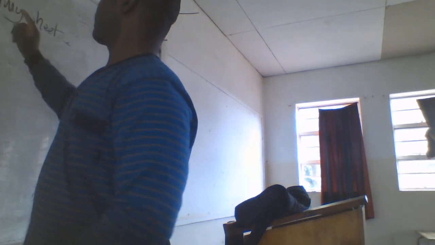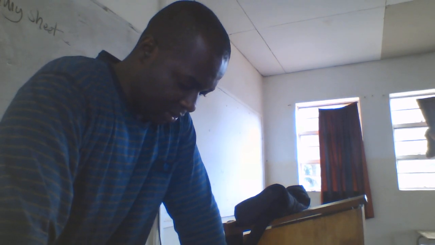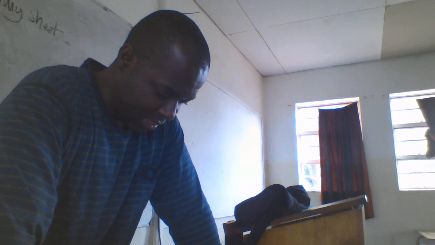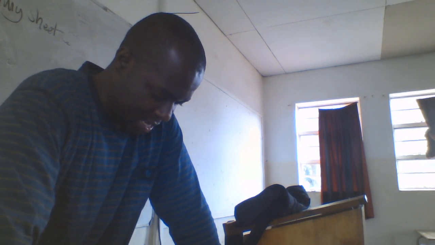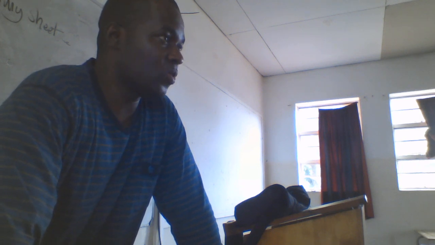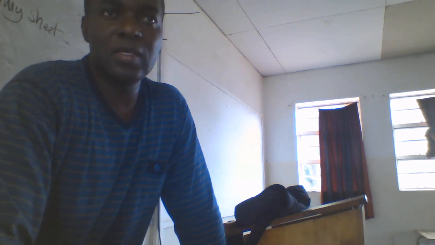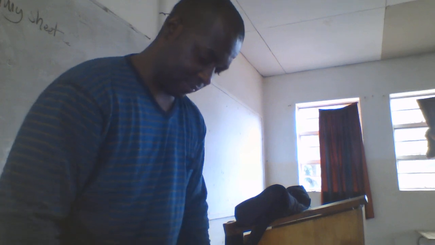Now there's this thing called the dummy sheet. So I want to talk about the dummy sheet. We say that prior to publication, newspapers are designed on a prototype called the dummy sheet, right? So before publication, you don't just go and publish. You have to have somewhere where you plan.